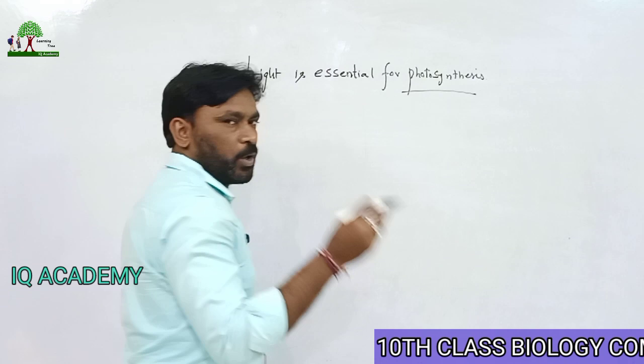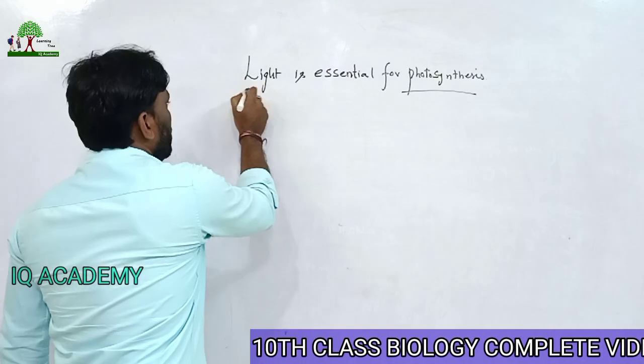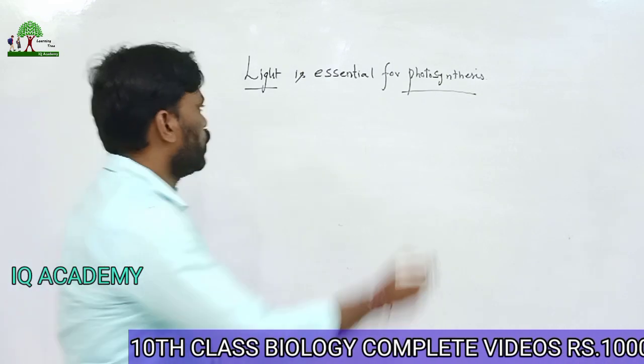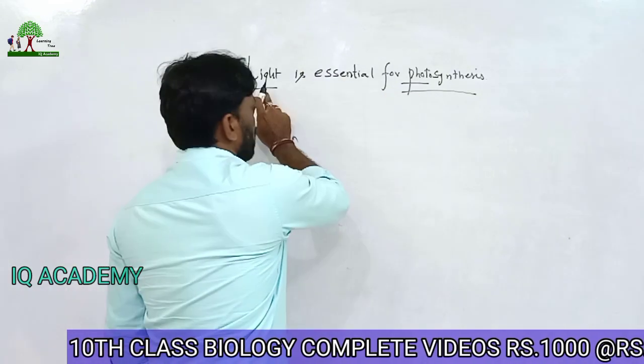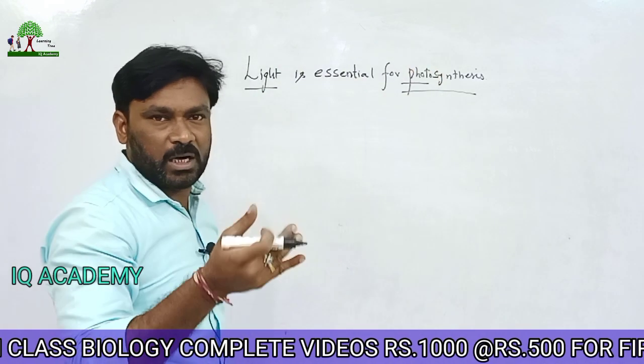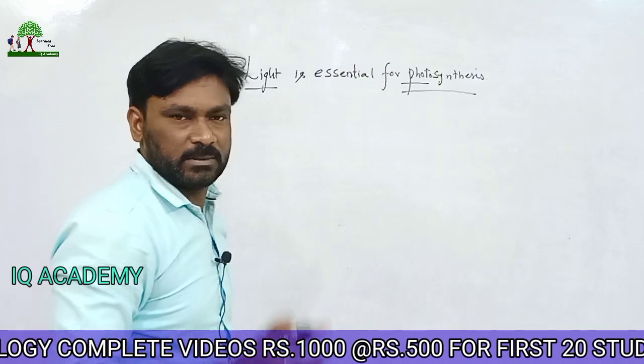It is a photochemical reaction. We have to prove that photo means light. Light is essential for photosynthesis. So in the name itself we have light. Whether light is essential or not, we will prove now.